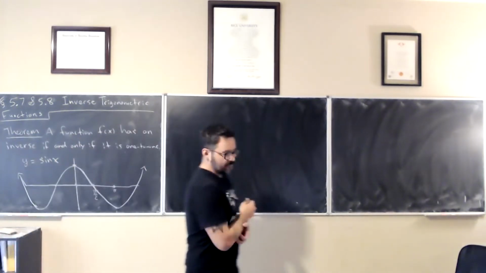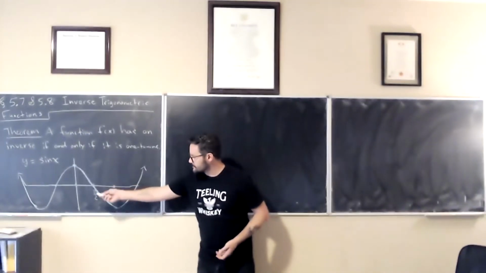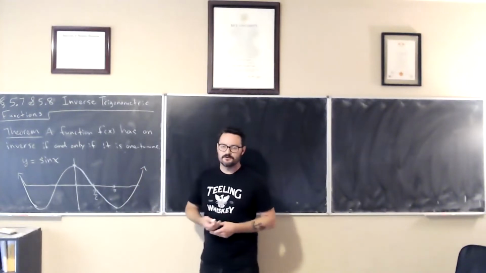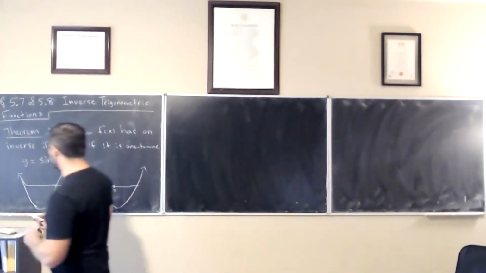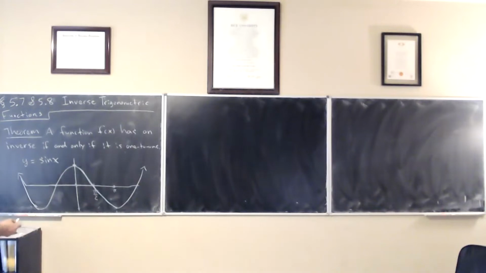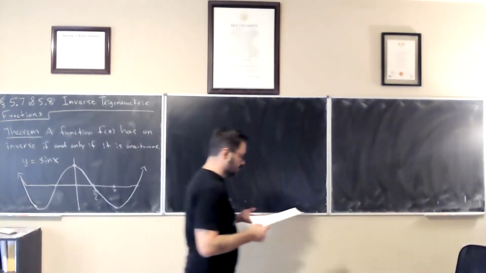And by doing that, on that interval, that function is going to have an inverse. And this works with all of the trig functions. Okay. And that's how we're going to define them.